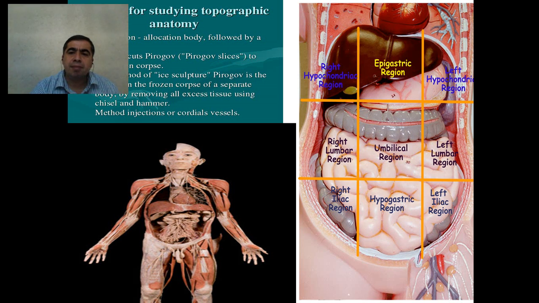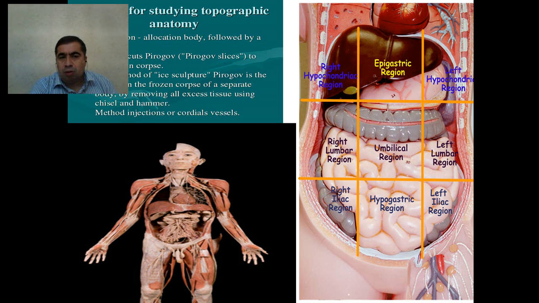During cutting, you get special slices, special plates, very thin if you want, or with a certain thickness, and you are looking at the whole part together.